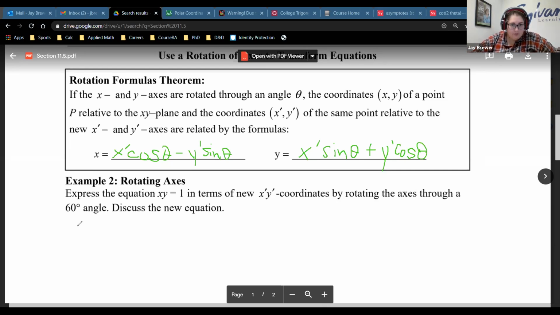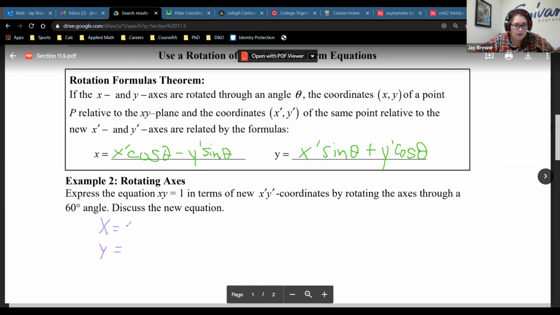Okay. So of course we're going to go through and work with it a little bit. We have x and we're going to find y. So we're working with the expression xy equal to 1 in terms of x prime, y prime coordinates by rotating the axes through an angle of 60 degrees, and we want to discuss the new equation.